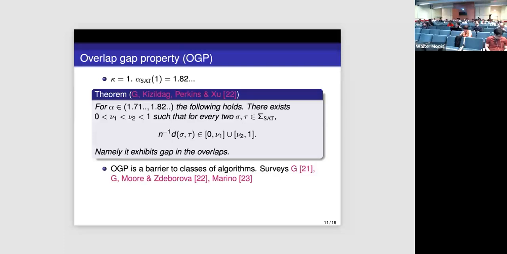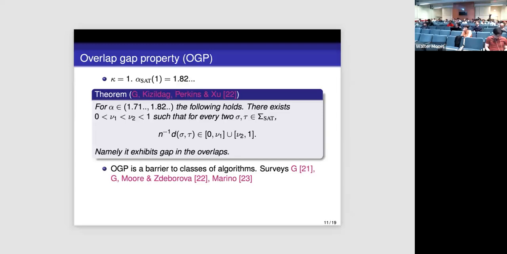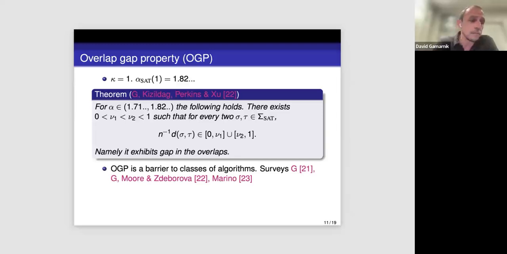Okay, so all right, to summarize, what do we have? At least for kappa equal to 1, close to the critical threshold, we have this property. It is a barrier to algorithms. On the other hand, if alpha is pretty close to 0, then there are these two papers that provided algorithms, so they do exist. Okay, so one question is, is there maybe a contradiction? Is there a coincidence?